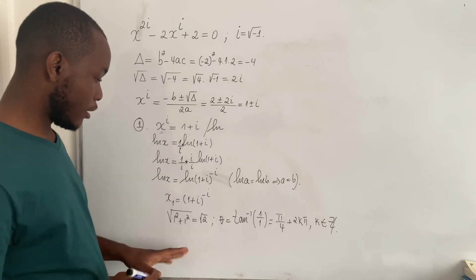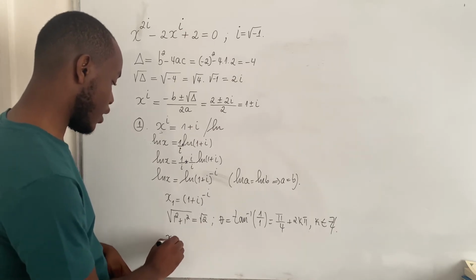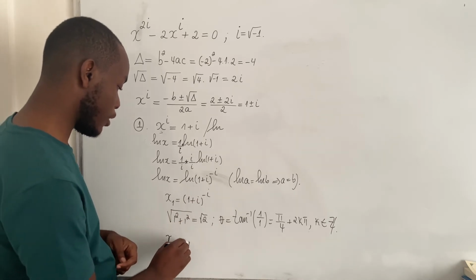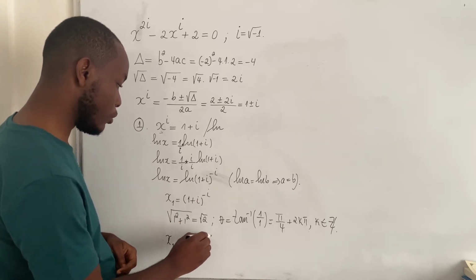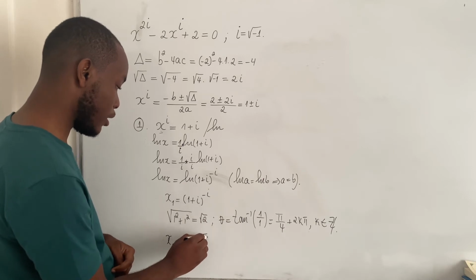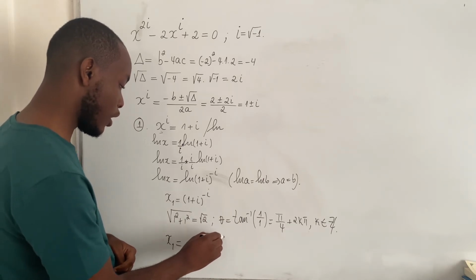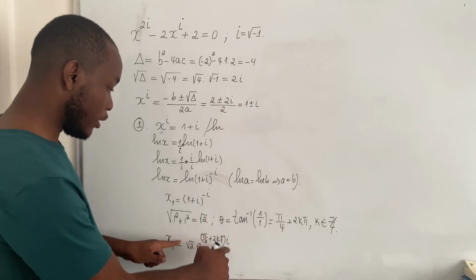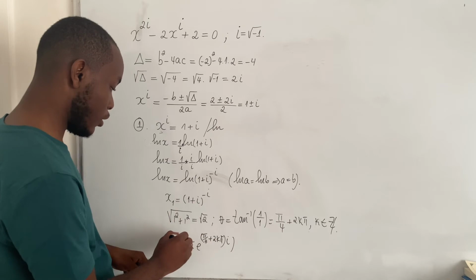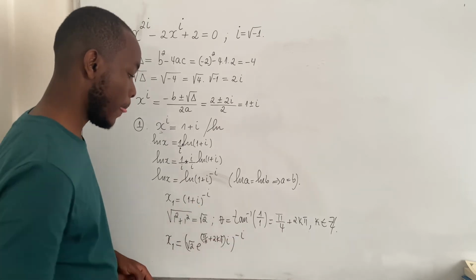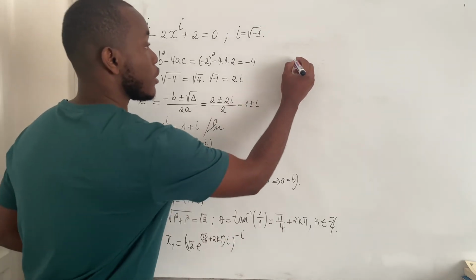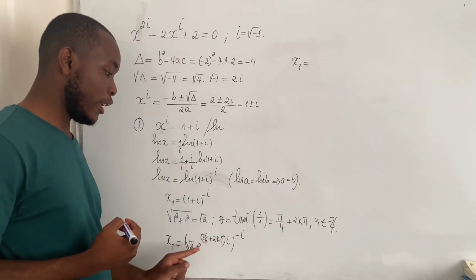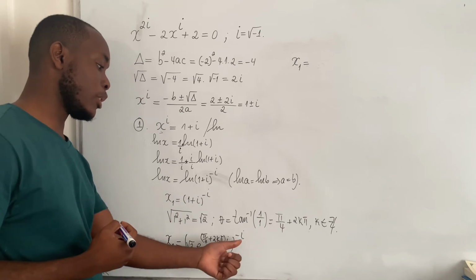Okay, now having that, we can say that x1 can be written as this expression in exponential form. We know it's the magnitude times Euler to the power of the angle, which in this case is pi over 4 plus 2kp times the imaginary unit. All this is only the base, so all this to the power minus i. So in this case x1 will be equal, applying the power rule, when they have a common exponent, we can separate each one with the exponent.